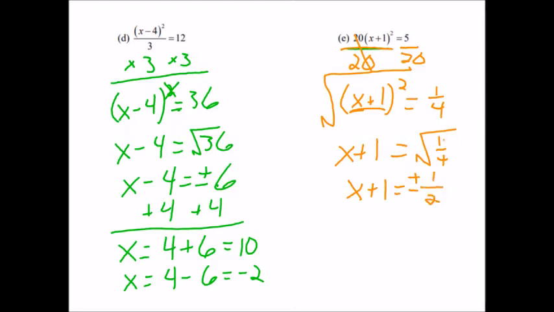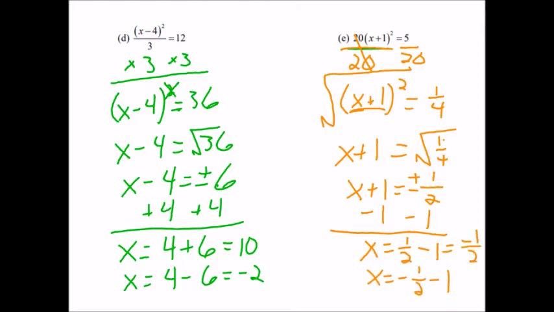The square root of 4 is 2. So I actually have plus or minus 1/2. Subtract 1. And I get x is equal to half minus 1, which is negative 1/2. Negative half minus 1 is negative 1.5.